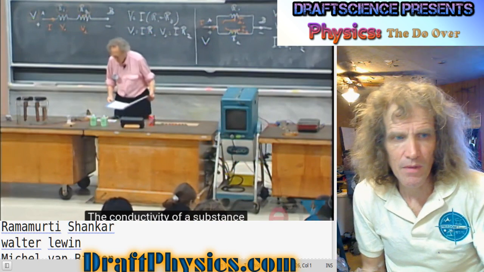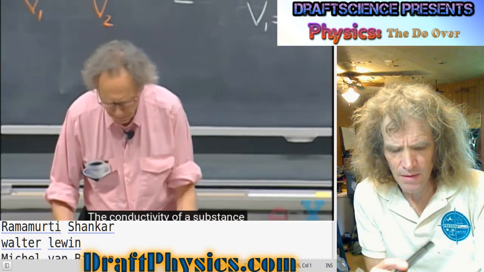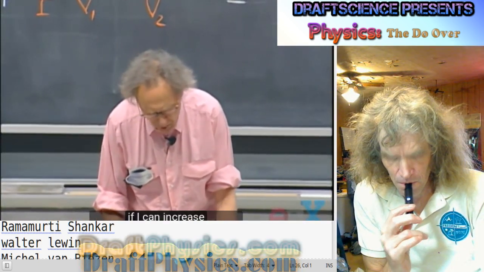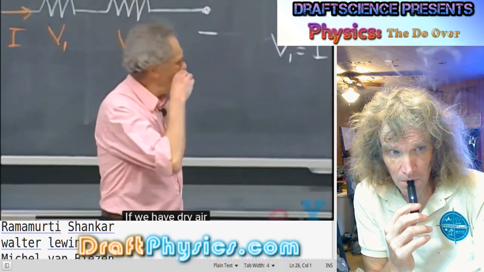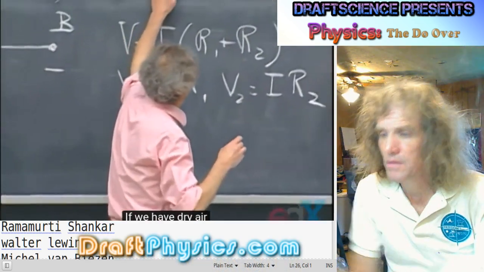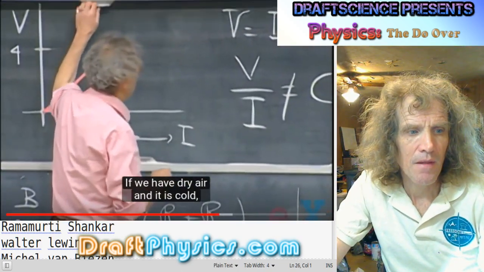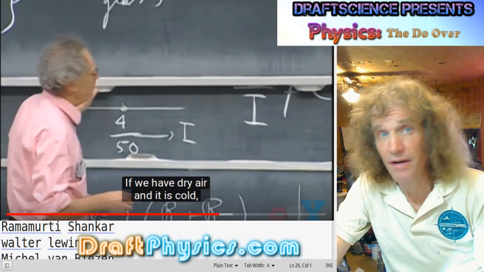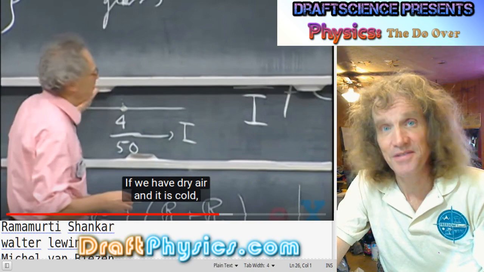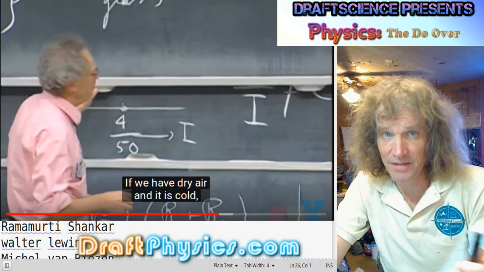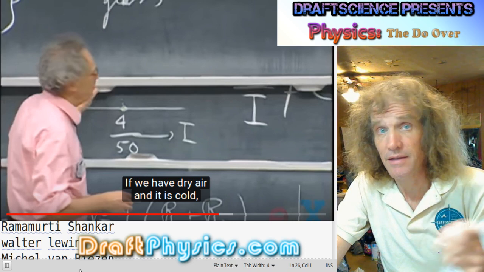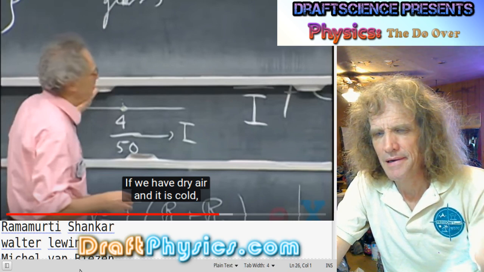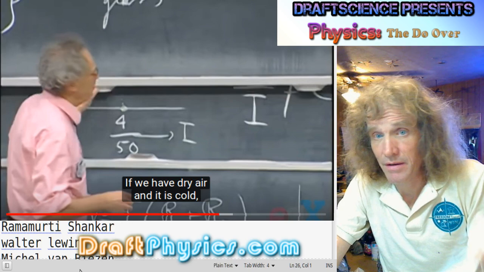The conductivity of a substance goes up if I can increase the number of charge carriers. If we have dry air and it is cold, charge carriers, I like that. But that's really just pressure carriers, which are always going to be atoms. The electron isn't really a carrier.